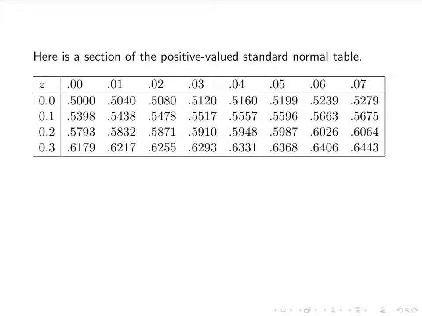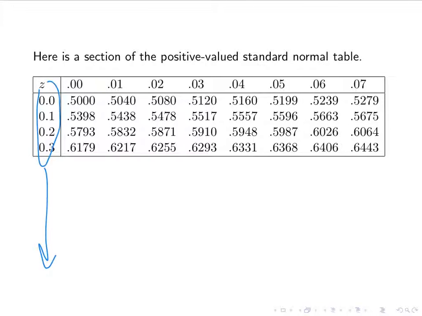So here's a section of the positive valued standard normal table. How we read this is our z values are on the outsides of the table. So we start looking at our columns. Z is 0.0, 0.1, 0.2, 0.3, and it'll keep going. It typically goes up to 3 point something.